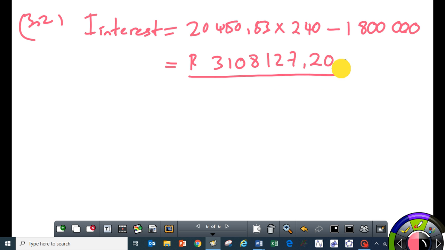Now look at this amount. It's 3 million that you pay as interest if you borrow that 1,800,000. So in total, including that, you pay almost 5 million.